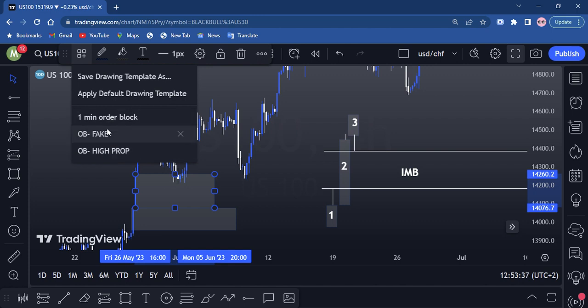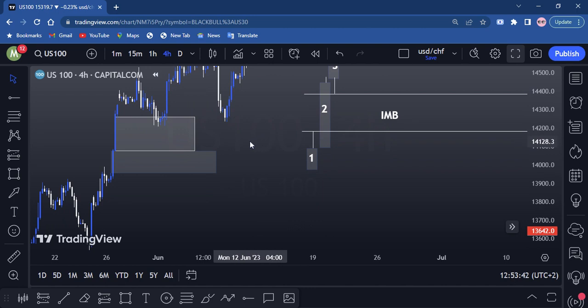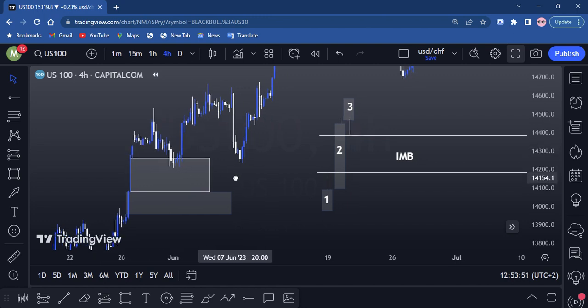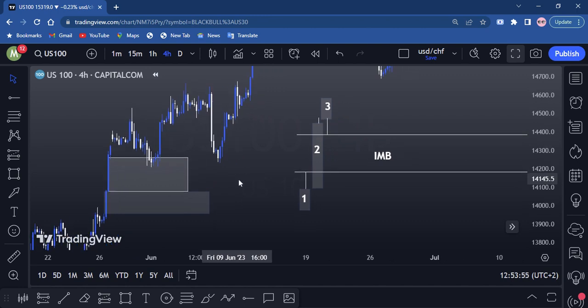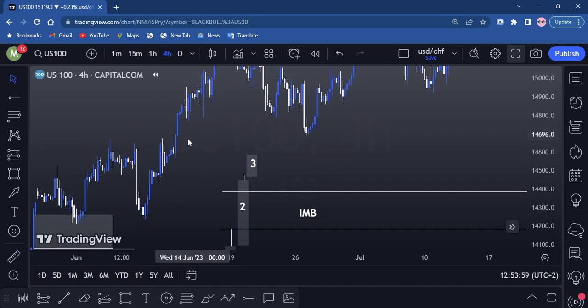Let's just use that. I want a different color. Okay, so as you can see, the market did not come back to imbalance number one. It came back to the latest imbalance and it filled the gap, right? You'll come to understand this as we continue, that the market always comes back and fills the imbalance, right? Then we continue. Let's find more.